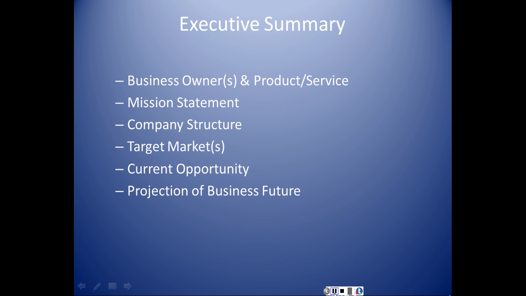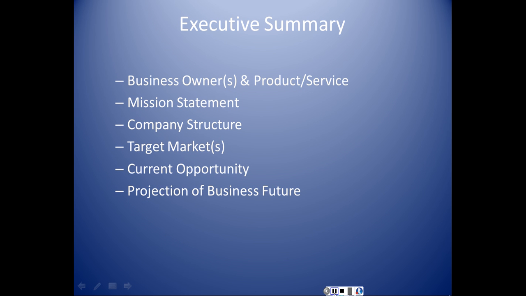Then you're going to identify in the executive summary why this opportunity is currently available to you. You're going to pitch your idea, your technology, your service. You're going to address whether there's competition or not, and whether you have the special skills needed to carry out such an endeavor.